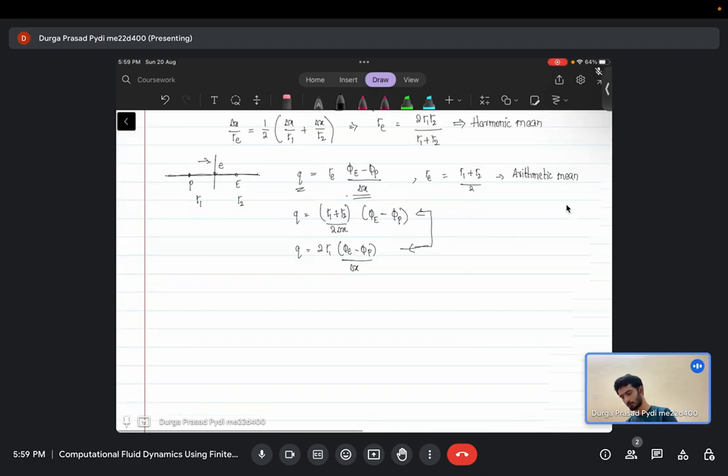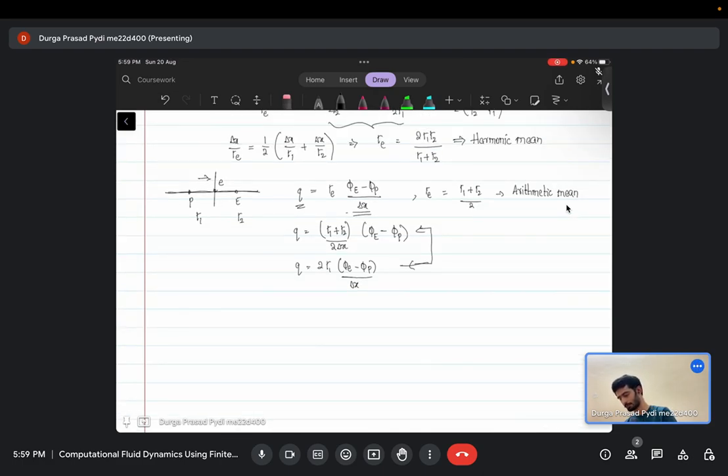Or maybe I can give you a simple example, where you have an arithmetic mean and a harmonic mean. Your gamma E is given by gamma 1 plus gamma 2 by 2 for the arithmetic mean, and here it is 2 gamma 1 gamma 2 by gamma 1 plus gamma 2.